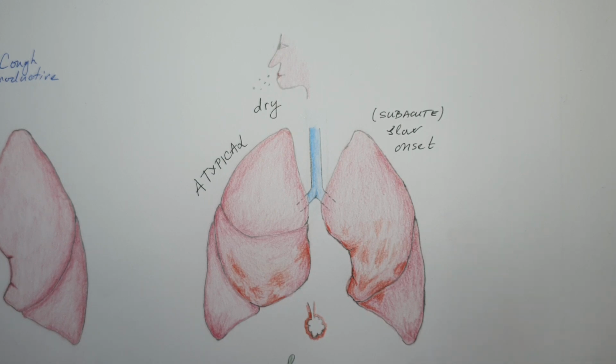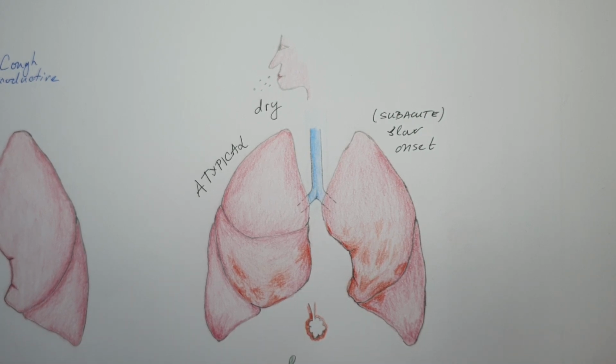It is uncommon for the white blood cell count to be elevated. They will have fever and cough, but as I said, the cough will be dry, in contrast to typical pneumonia, where it is most of the time productive. And they will have fever, but it is also not high fever, subfebrile.